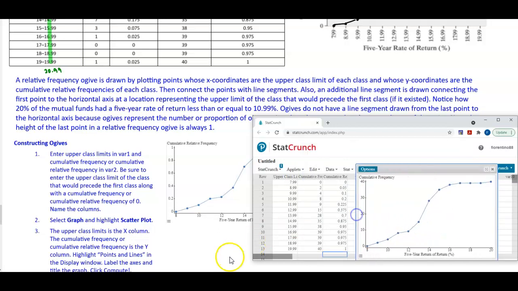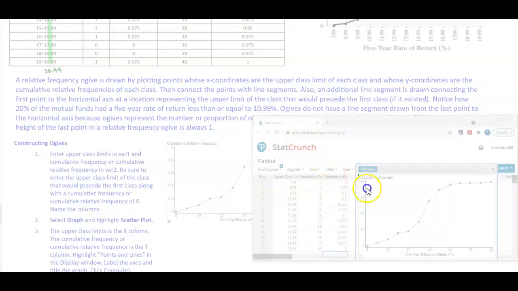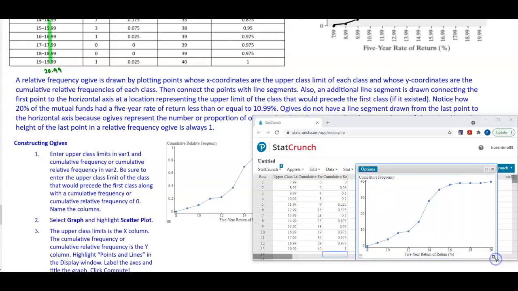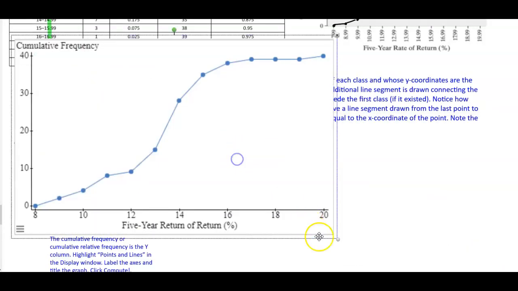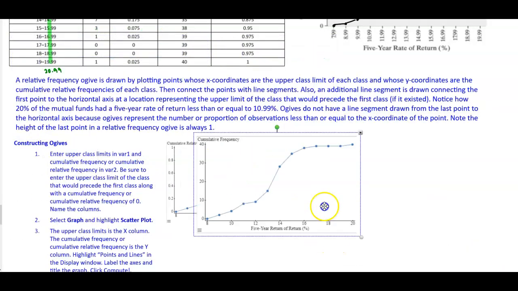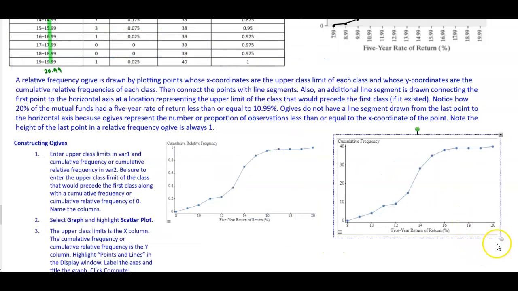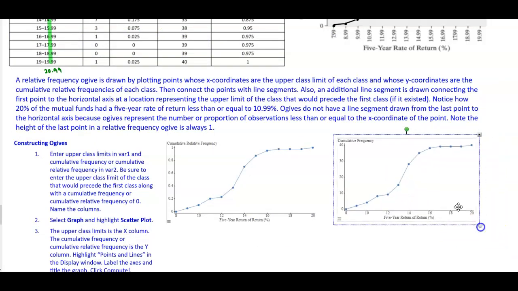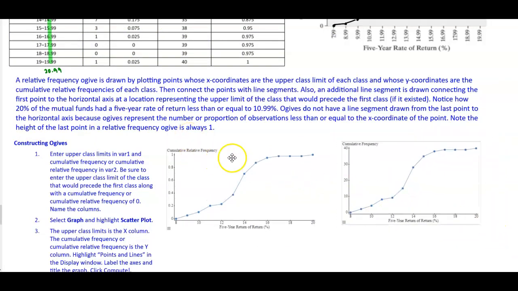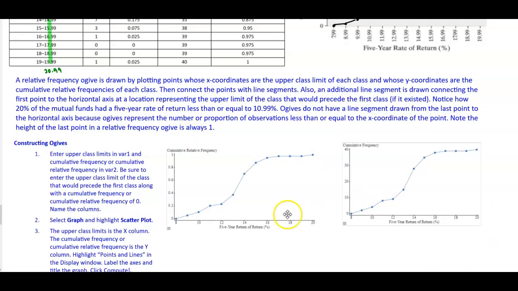Then you're going to see how that graph looks. And therefore, there are our two graphs using StatCrunch for cumulative relative frequency and cumulative frequency.